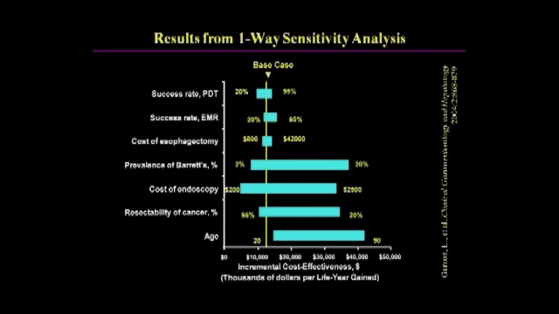It all addresses a high-risk population, and that high-risk population is almost always defined as white males over 50 with more than 5 years of reflux symptoms. Reflux symptoms. That's an important distinction.